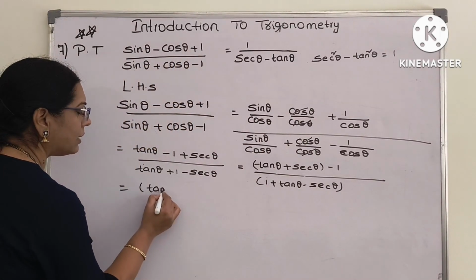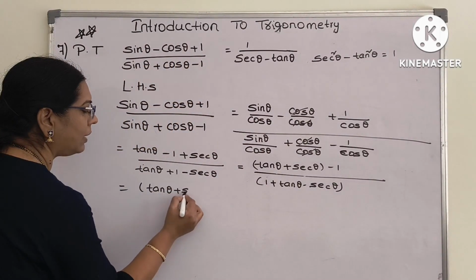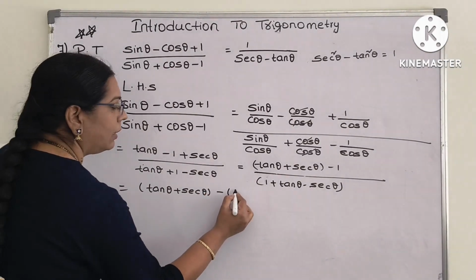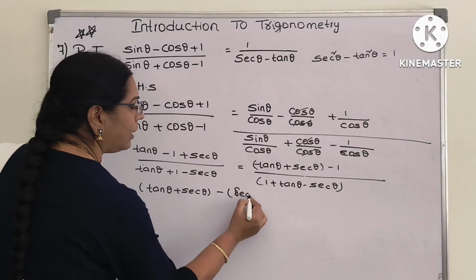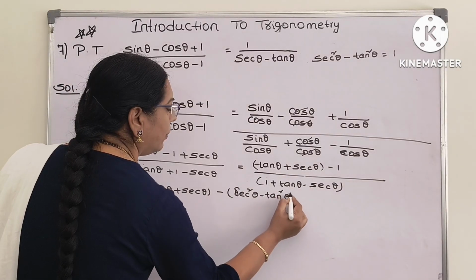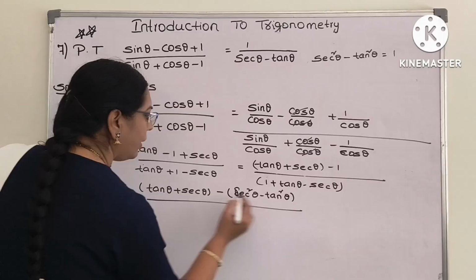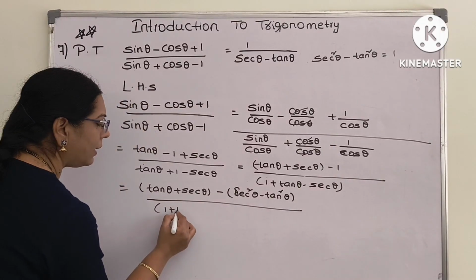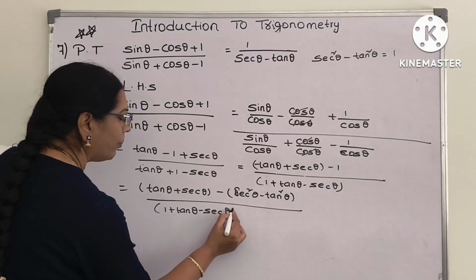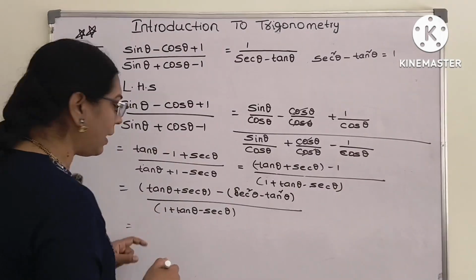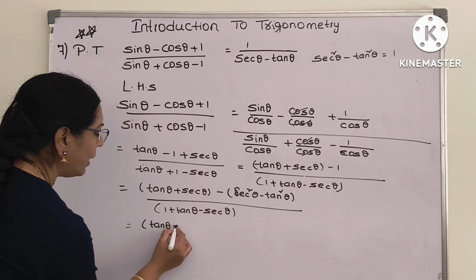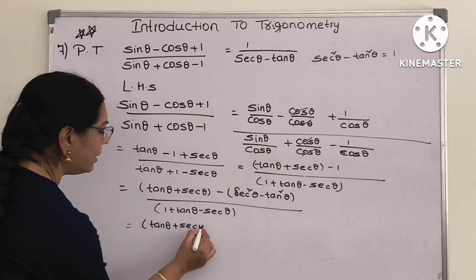So I will write this as tan theta plus secant theta minus, in brackets, secant square theta minus tan square theta, whole divided by 1 plus tan theta minus secant theta. Now tan theta plus secant theta I will write as it is.